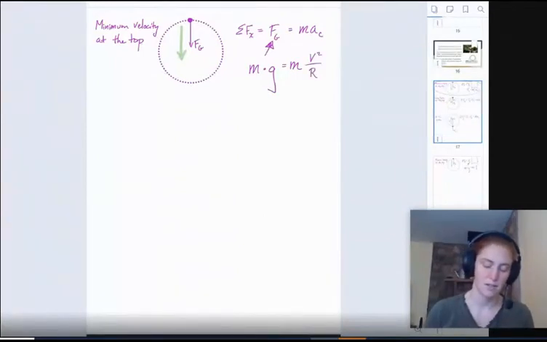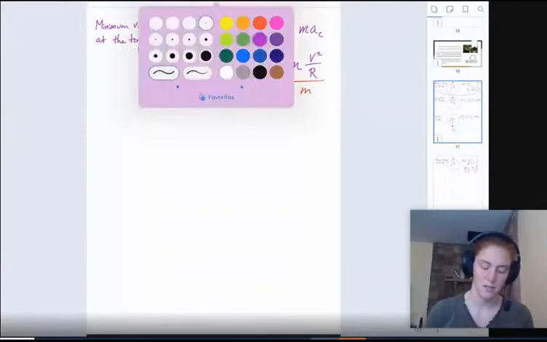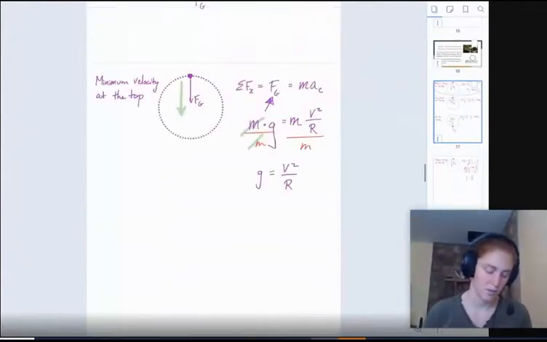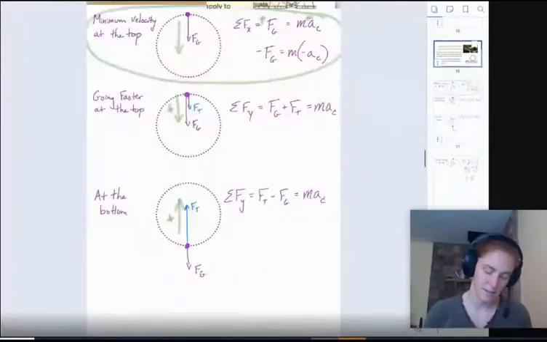The first thing I notice here is that I have mass on both sides. So I'm going to divide both sides by mass. And then I'm going to end up with g is equal to v squared over r. And the radius that we were given in this example was 0.6.